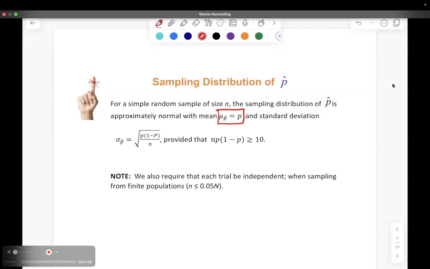And our standard deviation, we calculate like this. This is exactly what we did in 8.2. We use this if np times 1 minus p is greater than or equal to 10. Also, every trial has to be independent, so our sample has to be less than 5% of the population. These are the conditions that need to be met.